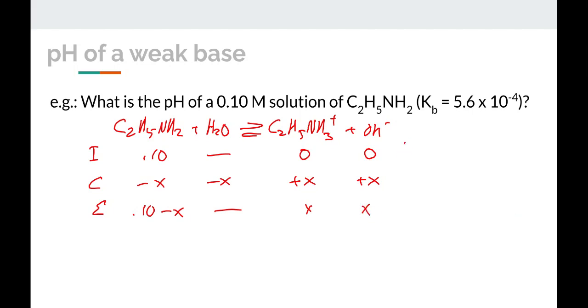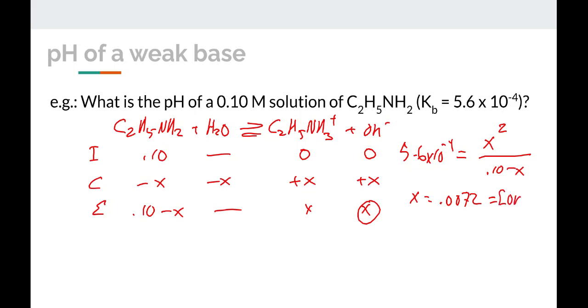So Kb, 5.6 times 10 to the negative 4th, is going to be conjugate acid concentration, which is X, times OH minus concentration, which is also X, divided by 0.10 minus X. Then solve this whatever way you want to, and X turns out to be 0.0072, and that is the equilibrium concentration of OH minus, among other things.